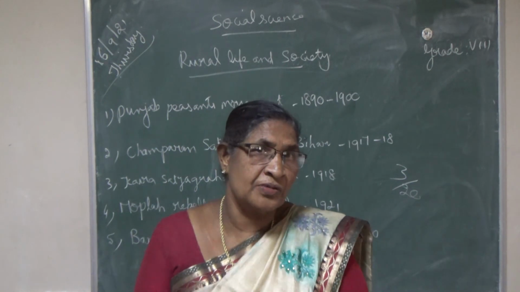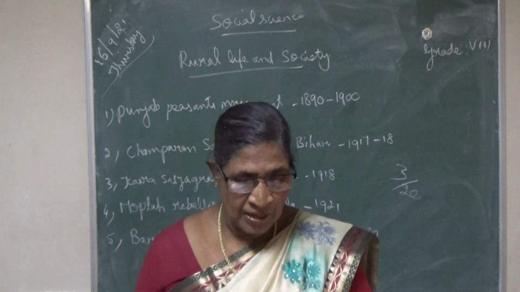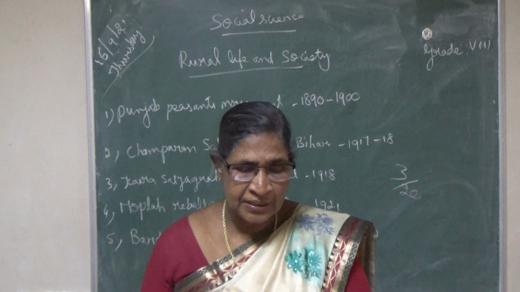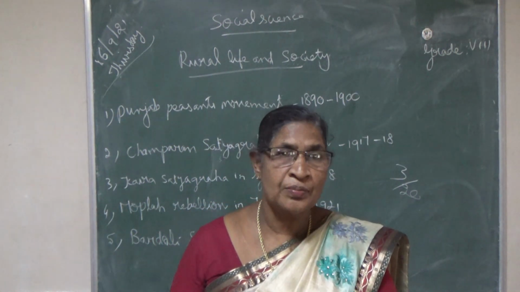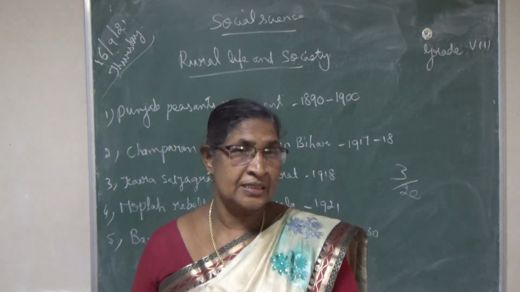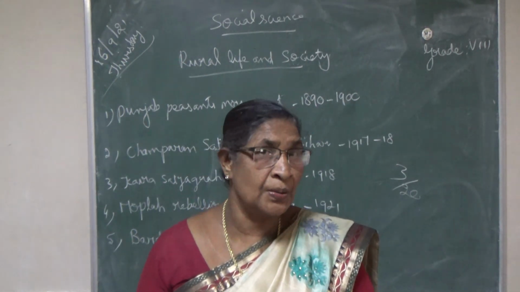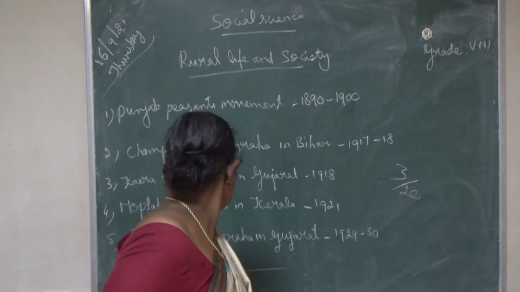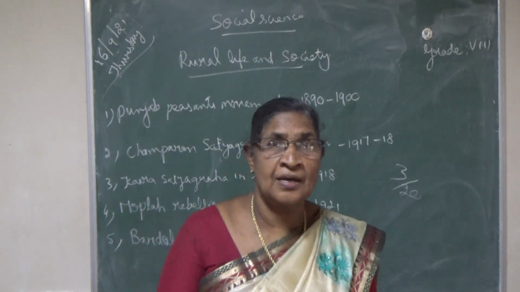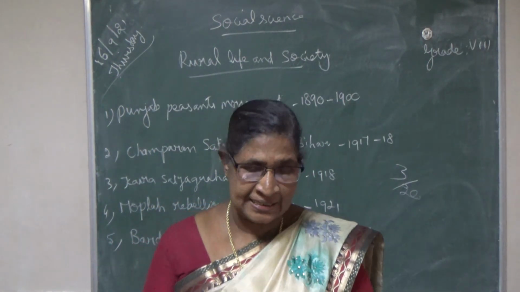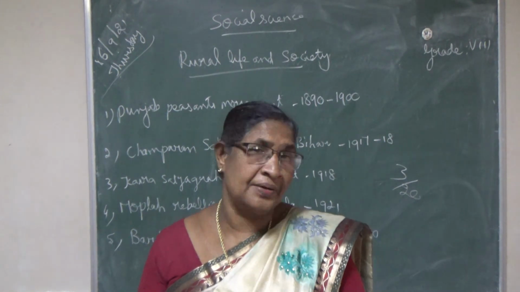This rebellion was led by Sardar Vallabhbhai Patel. They protested against the government proposal to increase the tax. In the Bardoli district in Gujarat, the government increased the tax by 30 percent.